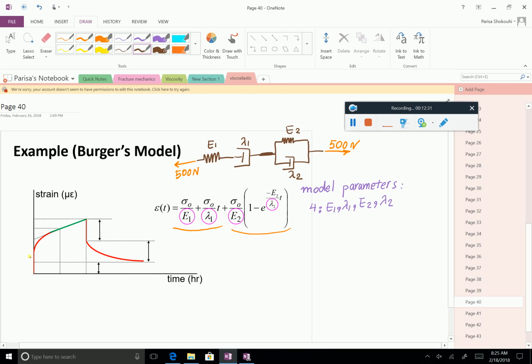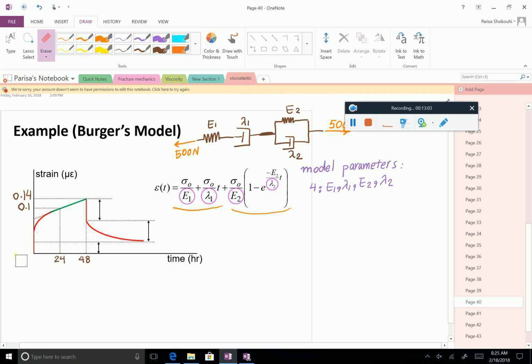So here we have the instantaneous or elastic deformation. Then at 24 hours and 48 hours, we calculated the strain. We have 0.1 and 0.14.